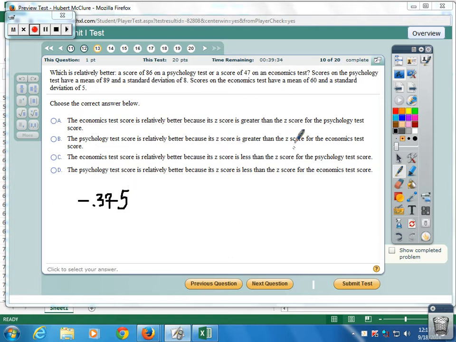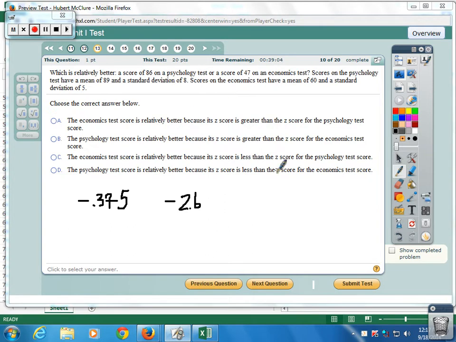All right, what is 47 minus 60 over 5? Negative 2.6. Now there is something telling me that the psychology score is better, because the 2.6 means that you failed it more.